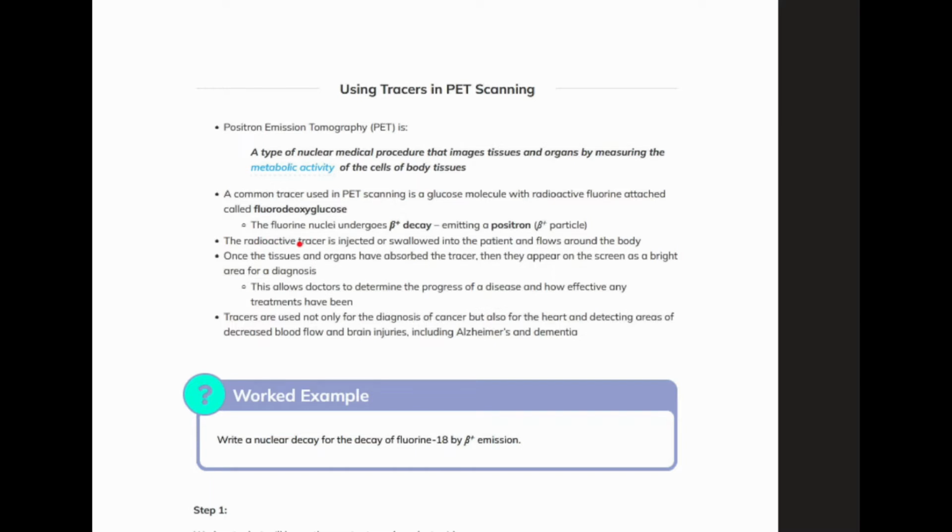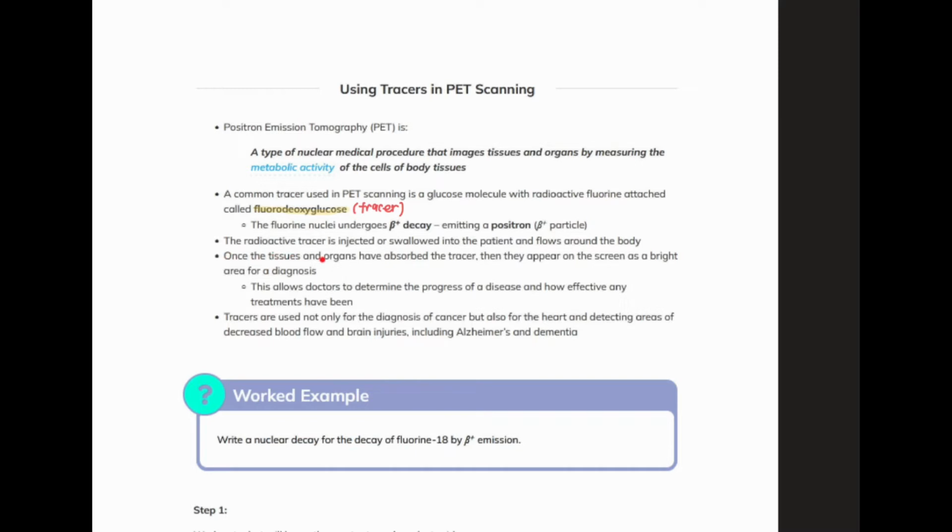So what is the radioactive tracer here? It is fluorodeoxyglucose. Fluorodeoxyglucose is the tracer. Now let's move on.